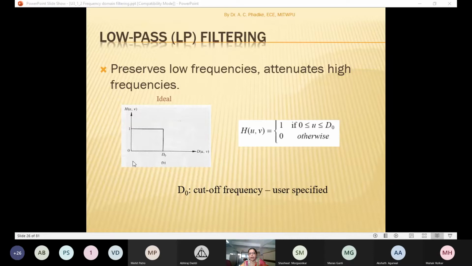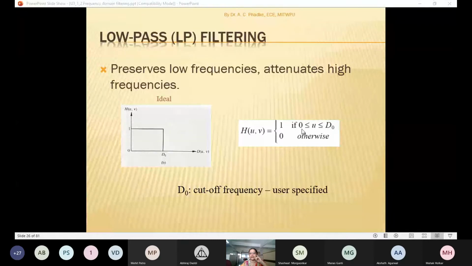Please type your answer in the chat box. This is your vertical axis and this is the rectangle. If we rotate this rectangle around the vertical axis, we will get a cylinder, right? Cylindrical shape. And for images, all the frequencies inside the cylinder with radius D0 are passed, and all the frequencies outside the cylinder are attenuated completely.